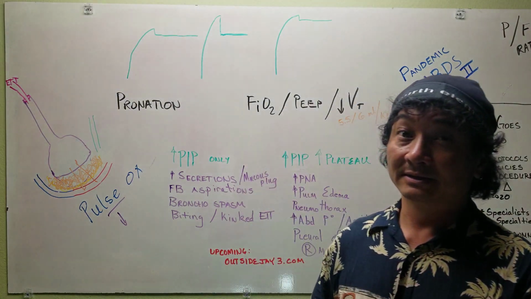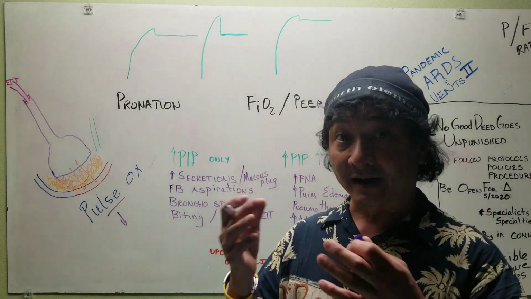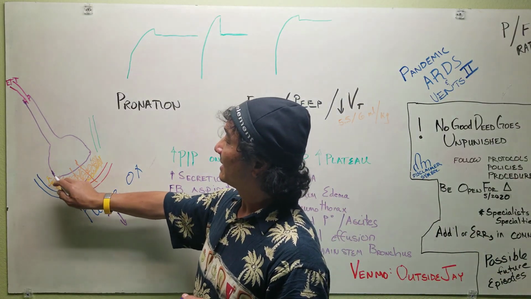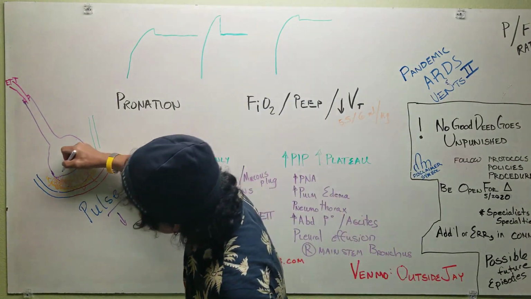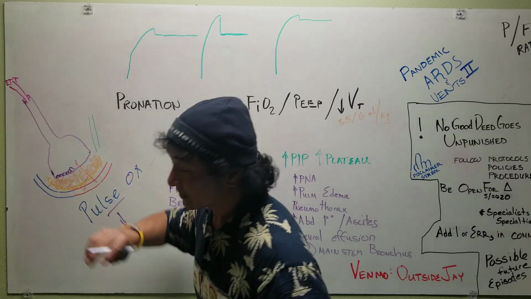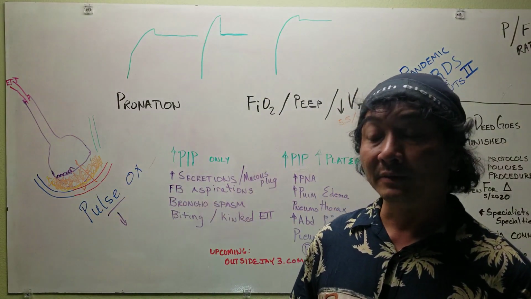Now, there are four different phases of this, but let me go through some of the finer details, for brevity's sake. Your alveolus isn't just one line. It's not one purple line. It's a whole bunch of small purple cells, and they're so tightly packed that normally they don't allow fluid in.